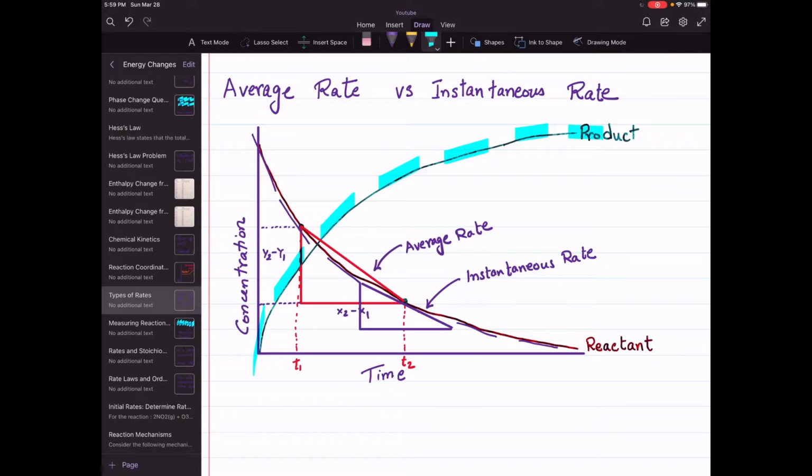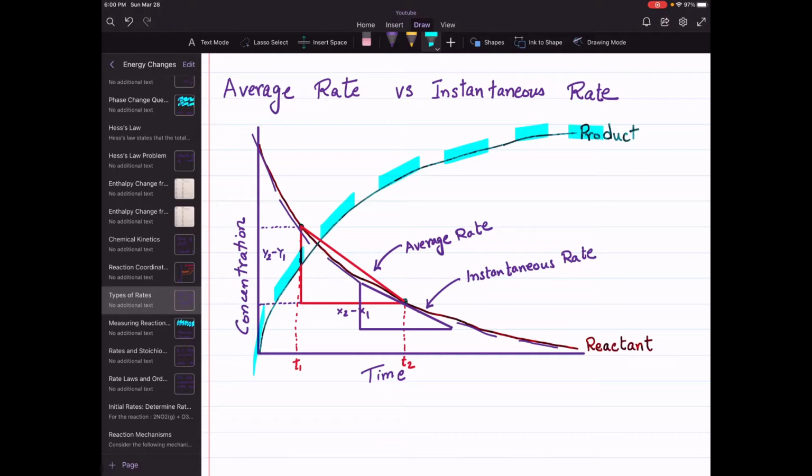It was the fastest. The products were being produced at the fastest rate. As the reaction progressed, the rate at which the products were being produced declined over time until it slowed down, and at the end it will become zero when all the reactants have reacted to convert into product. So again, initially the reaction is fast, and as the reaction progresses, the reaction gets slower and slower.